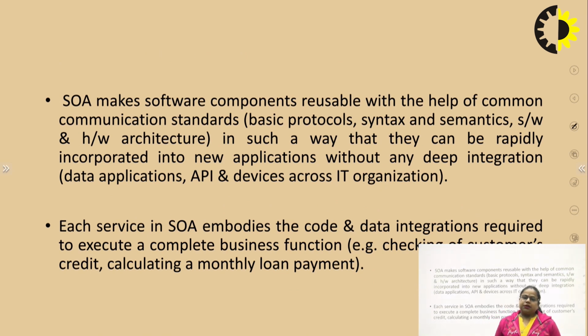Second thing, when I'm talking about SOA, basically it makes software components reusable. When I use the word reusable, it means that with the help of a common communication protocol, the software components can be used again and again.